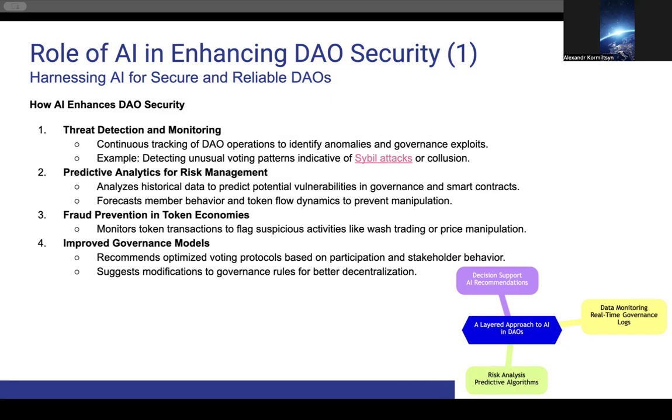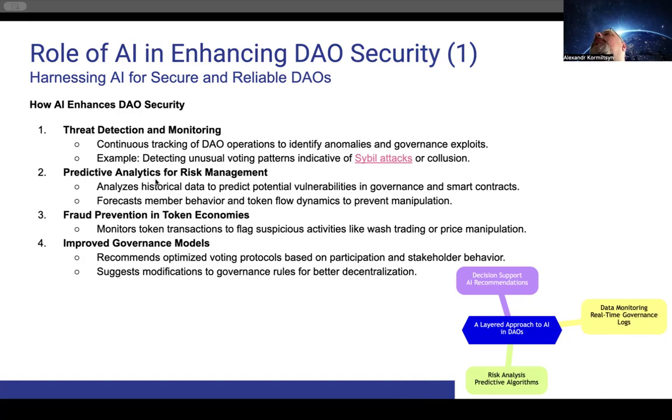So we need to continuously track DAO operations to identify anomalies and exploits of the governance mechanisms. An example here could be that we detect unusual voting patterns that could be indicative of a Sybil attack or collusion, and AI, by going through the data logs and event logs, can see if untypical behavior occurs along those lines.